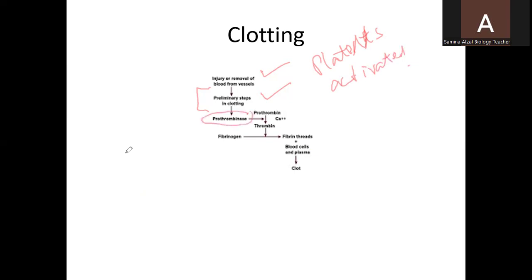Prothrombinase is an enzyme which is present in the blood. It changes prothrombin, a substance, into thrombin in the presence of calcium ions. And then fibrinogens, these are the soluble fibers, are changed with the help of thrombin into insoluble fibers.